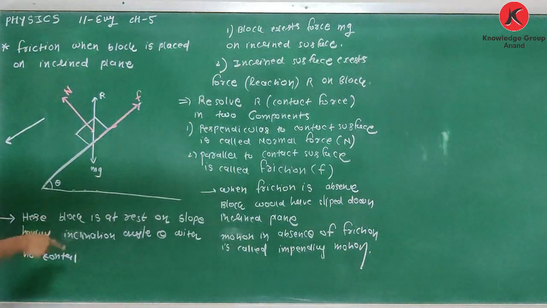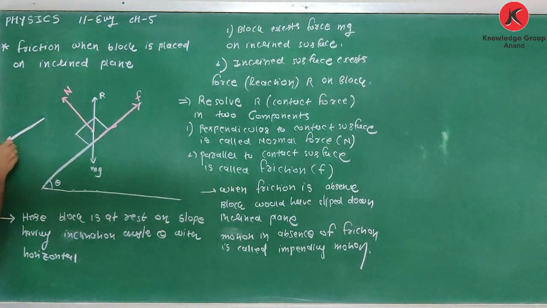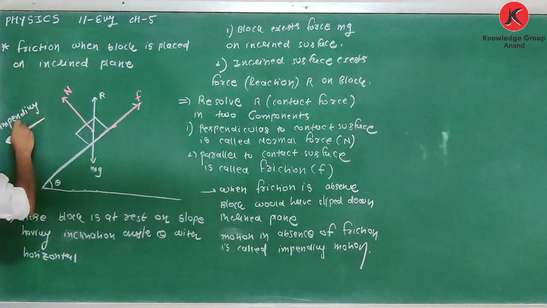So if there is no friction present, then obviously this block would have moved in this direction. So it is the direction of impending motion.